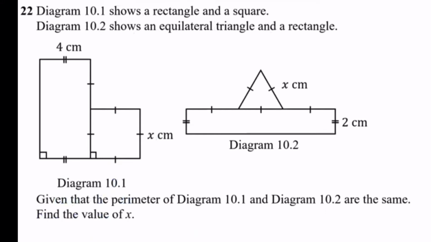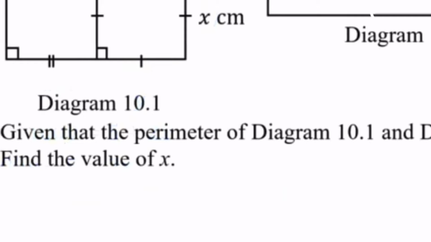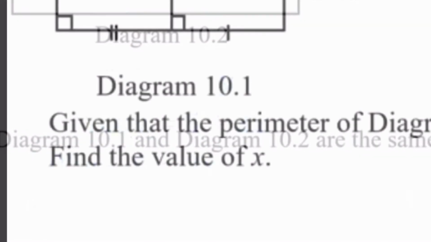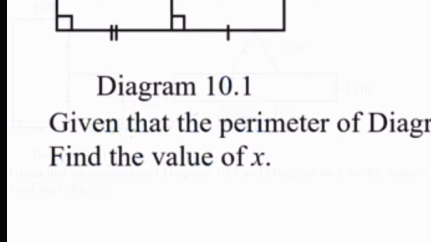For this question, you are given diagram 10.1 and 10.2. Diagram 10.1 shows a rectangle and a square, and diagram 10.2 shows an equilateral triangle and a rectangle. Now the question asks, given that the perimeters of diagram 10.1 and 10.2 are the same, we need to find the value of x.